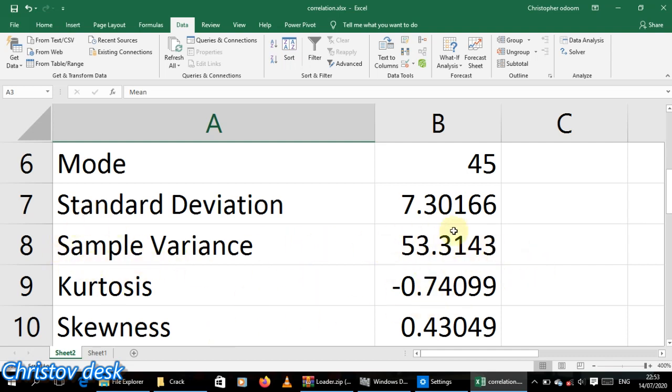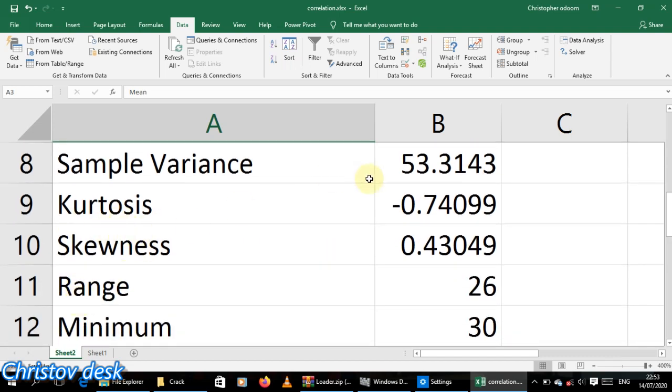Then there's kurtosis, which is how peaked the distribution is, and skewness, which shows where the shoe sizes are concentrated.